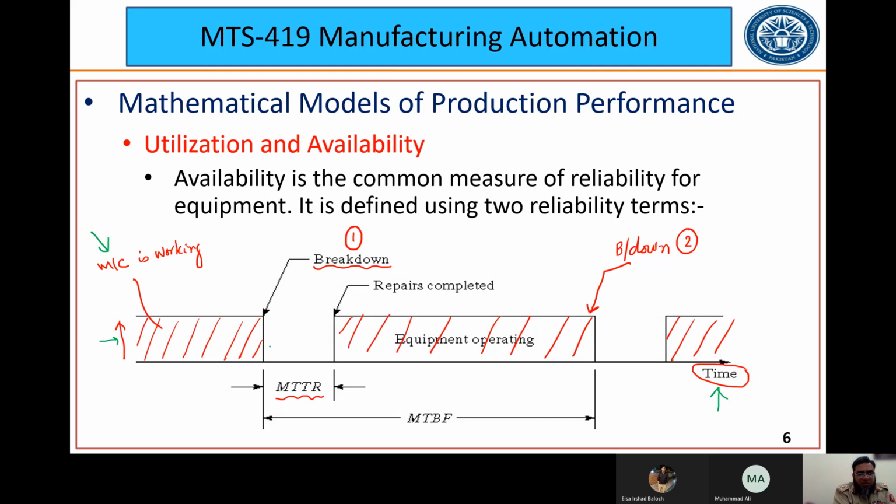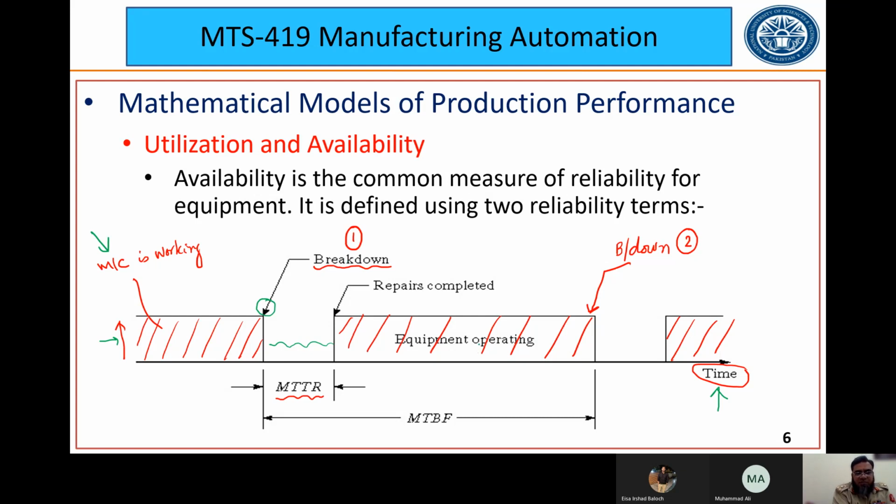Then this is the interval in which the machine is down. This is a breakdown which has occurred at this point of time. So this is breakdown number 1 of a machine or of a facility.